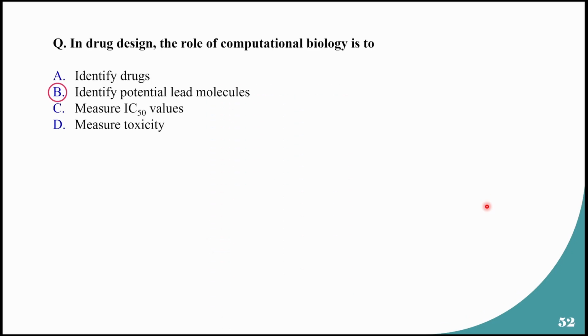Okay, yeah, so we also went over computational biology, which was one of the 5 pillars that Professor Gomia mentioned for bioinformatics. And we saw that computational biology was useful for prediction of anything biology related, right? So it could be predicting or identifying potential lead molecules.